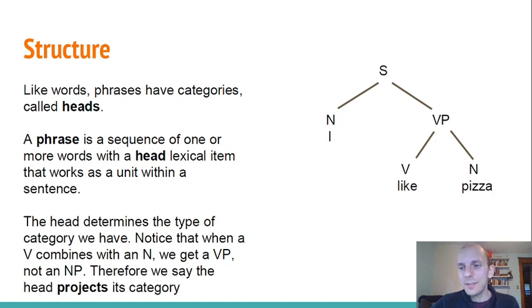And now we've got to talk about some terminology, a little bit of housekeeping here, in that we've got this phrasal thing. We've got categories, so a few different categories. We've got these phrases that are made up of heads. Heads are these lexical items for the moment. We'll define that a little bit more later. But we can see that this head here projects its category.